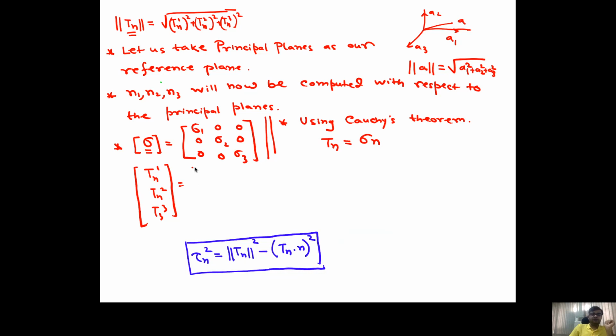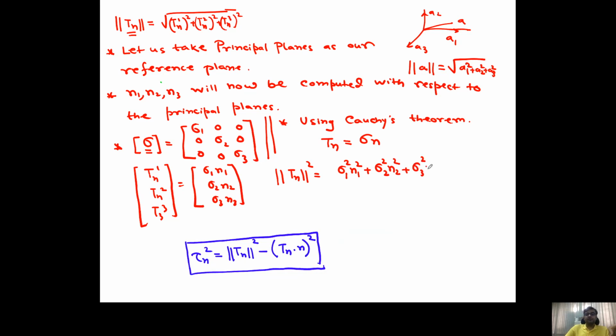And this will be equal to sigma 1 n1, sigma 2 n2, sigma 3 n3, right? And therefore the magnitude of Tn square, so I'm writing the square term also, will become sigma 1 square n1 square plus sigma 2 square n2 square plus sigma 3 square n3 square, right? So that is what we are working with now.